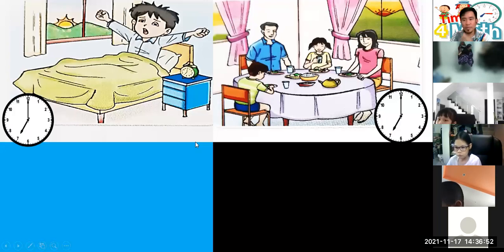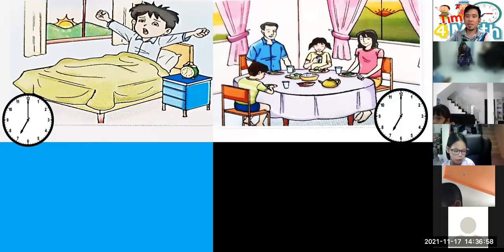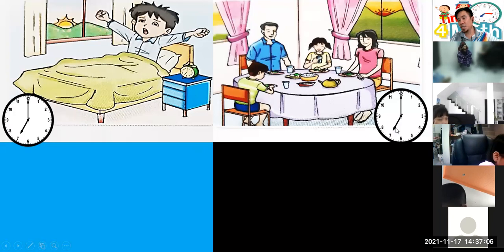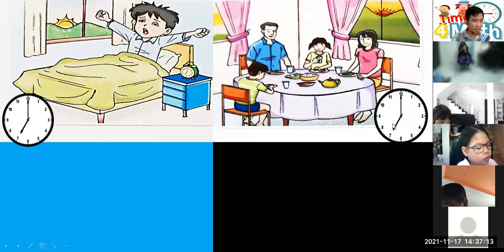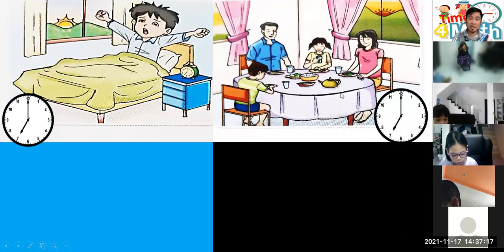Now here is another clock. On the left side, the hour hand is pointing to number 7, and on the right side the other one is also pointing to number 7. Both of them are pointing to number 7, but they show different times of the day.